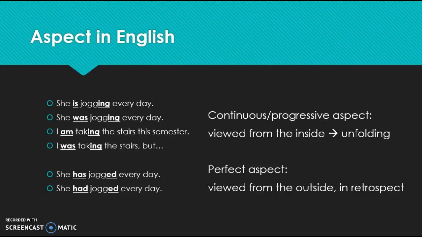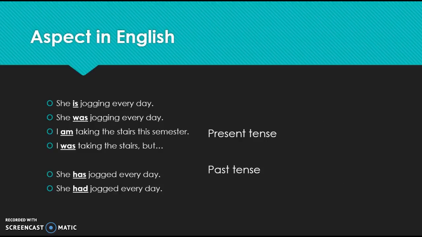Okay, we talked last time about how, when we have aspect, there's two parts. There's an auxiliary, which is be for progressive, and have for perfect, and there is also a suffix marked on the verb. We have the ing for progressive and the ed for perfect. This is two parts, which makes it a little bit tricky, especially for non-native speakers.